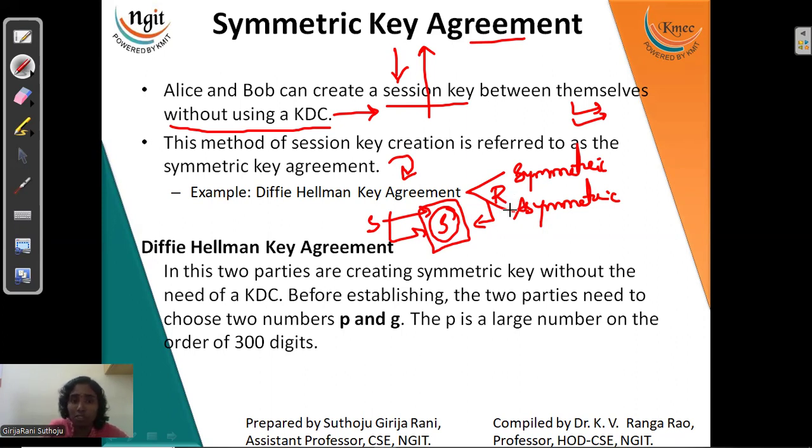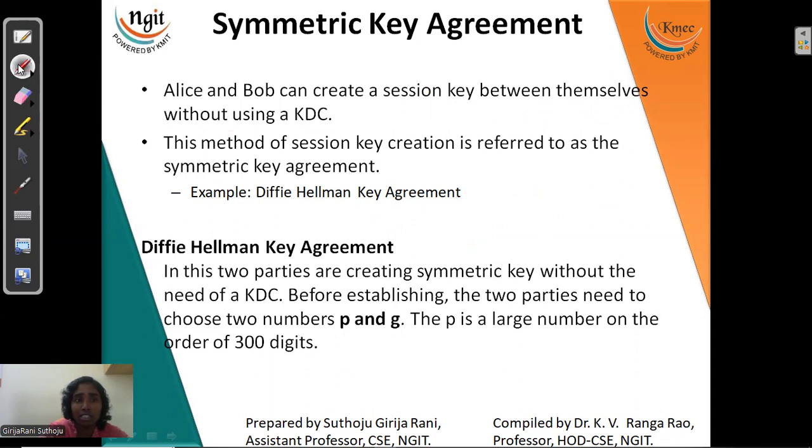So that is the same procedure we are going to follow up here, but here symmetric key, when we say symmetric key, the procedure is only one key between the sender and receiver, I mean the same key, right? So for this purpose, both the parties, both the users must create this symmetric key without utilizing KDC.